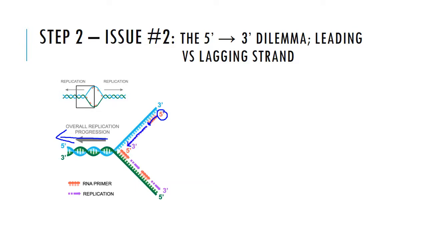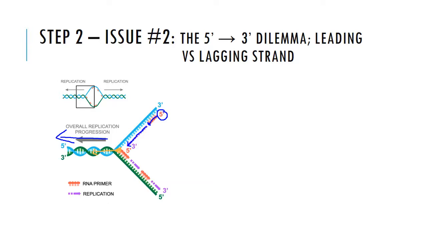So you can see that it's actually growing in the direction that it's opening. So helicase would be opening this strand in this direction, cutting the hydrogen bonds, and as it opens up, DNA polymerase 3 will add in the nucleotides in a continuous fashion, one after the other, after the other.